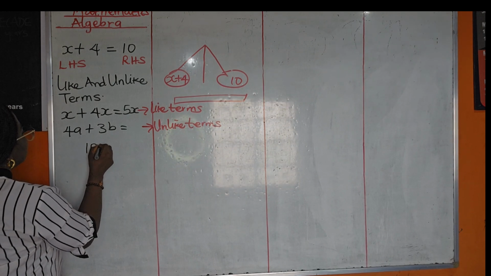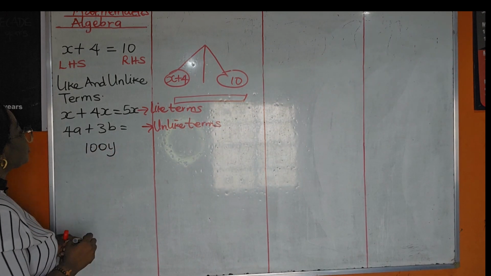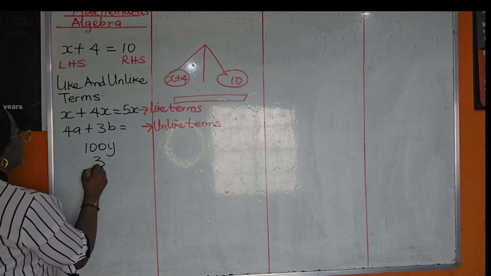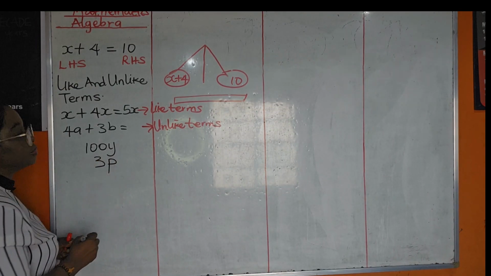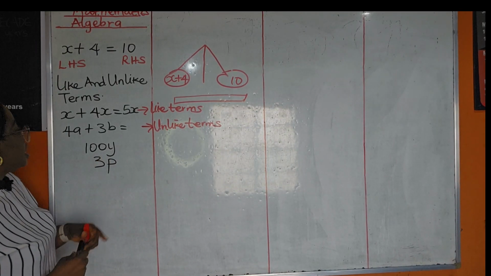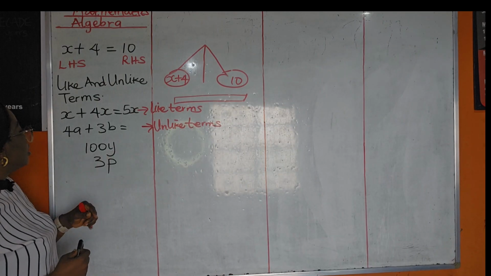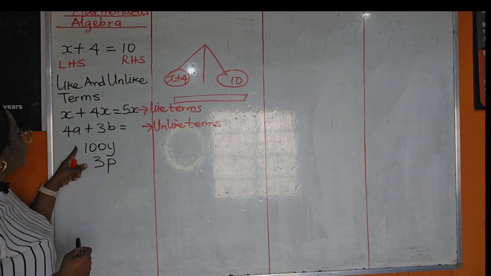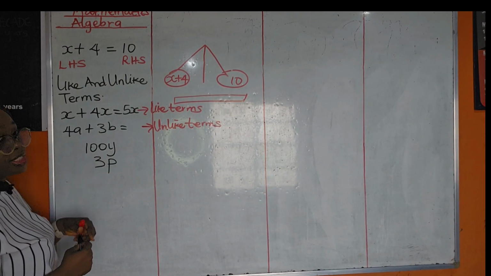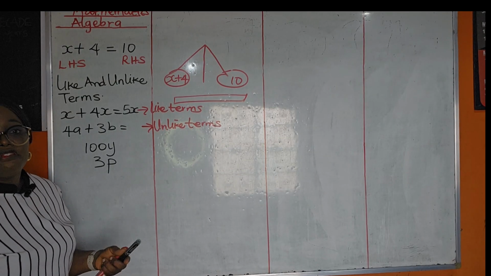One other thing I would like you to note in the use of algebra is that every number, like we have something like this, 100y, you can have something like this, 3p. This letter has a coefficient of 100. What is a coefficient?